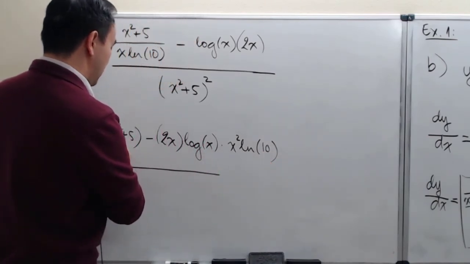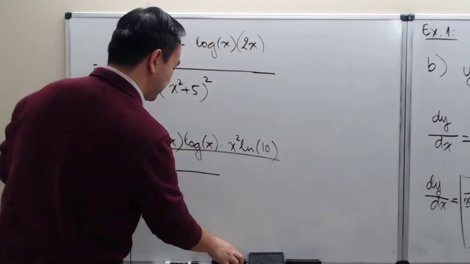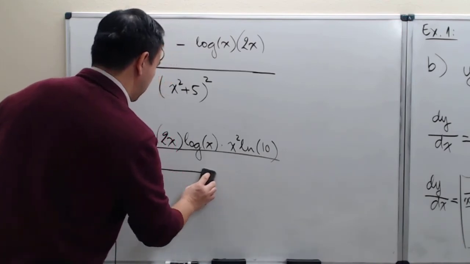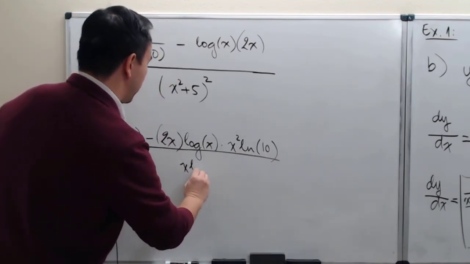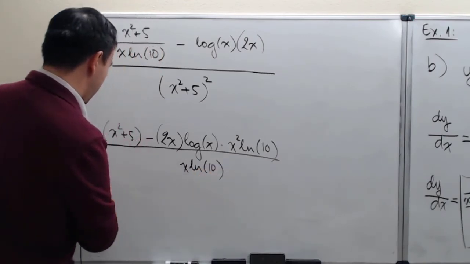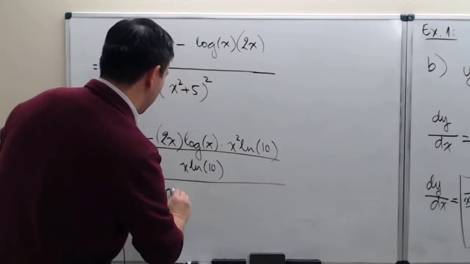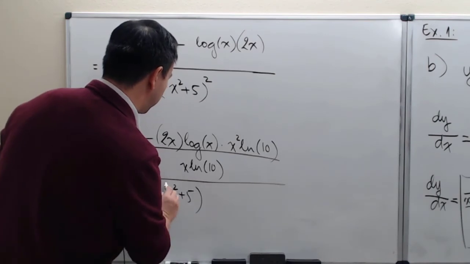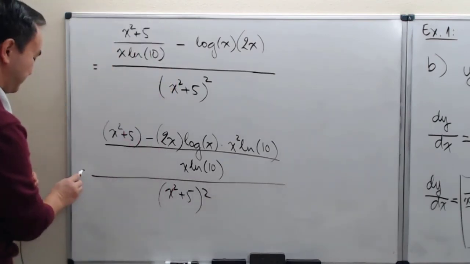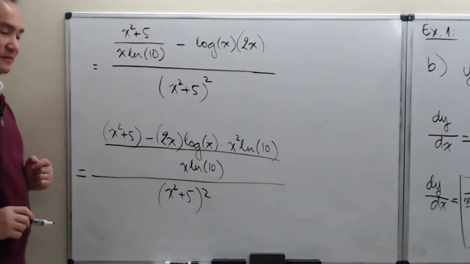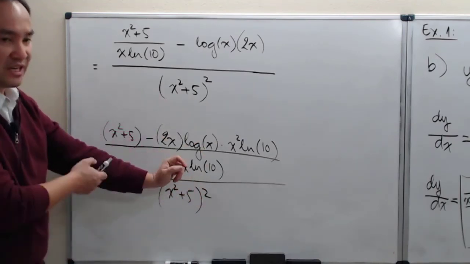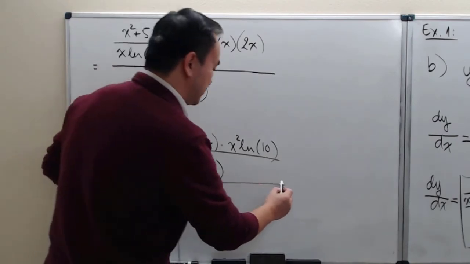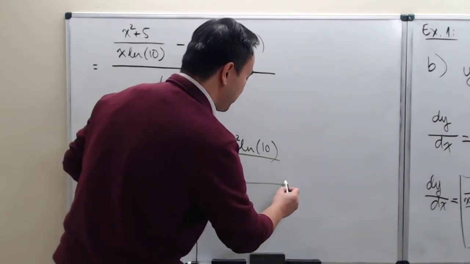And then all that is over x times natural log of 10. And we're putting that over x squared plus 5 squared. So a little bit of algebra there again, and now you've got a fraction on top of another denominator right there. Then things will all turn out to be okay.